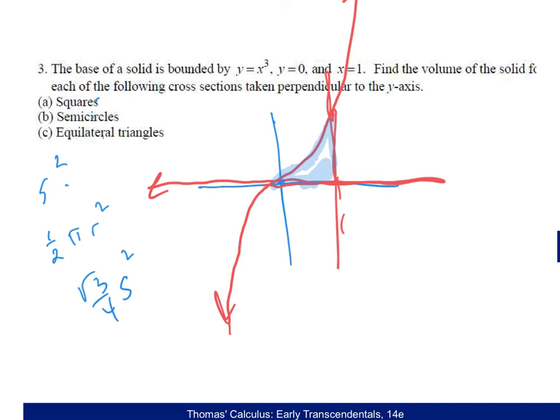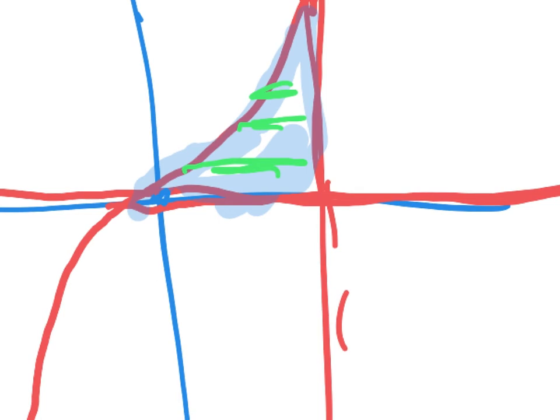So semicircles. Remember, I have to make those semicircles perpendicular to the y-axis, so my circles are going this way. If I zoom in on it, you're going to see there's a semicircle coming out like this, like this, like this. It's really pretty.